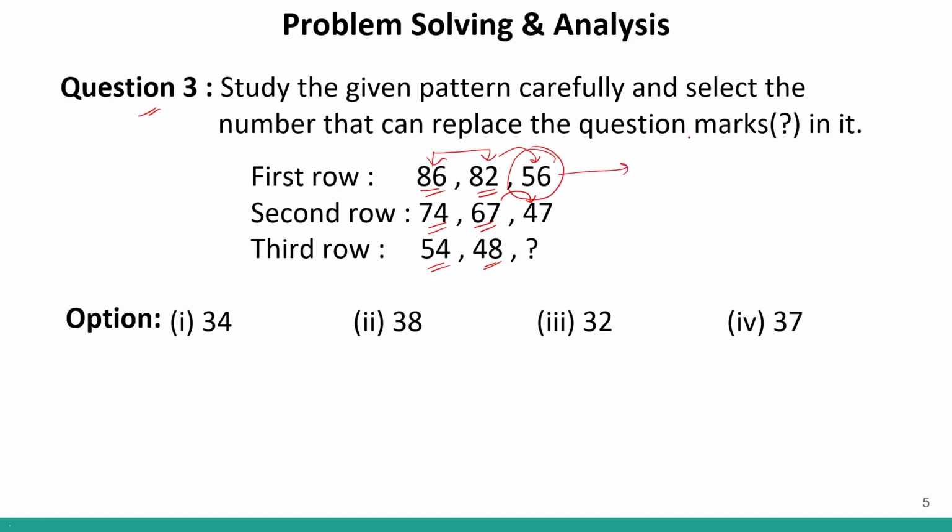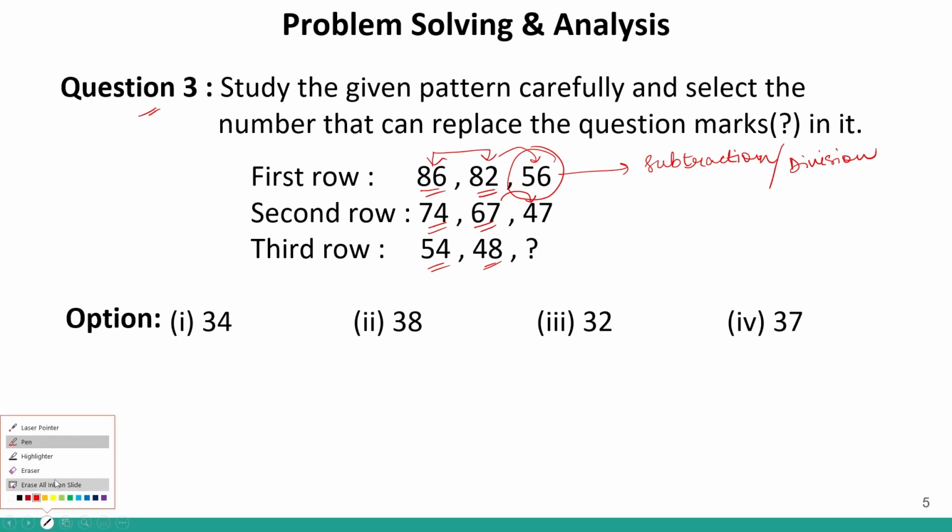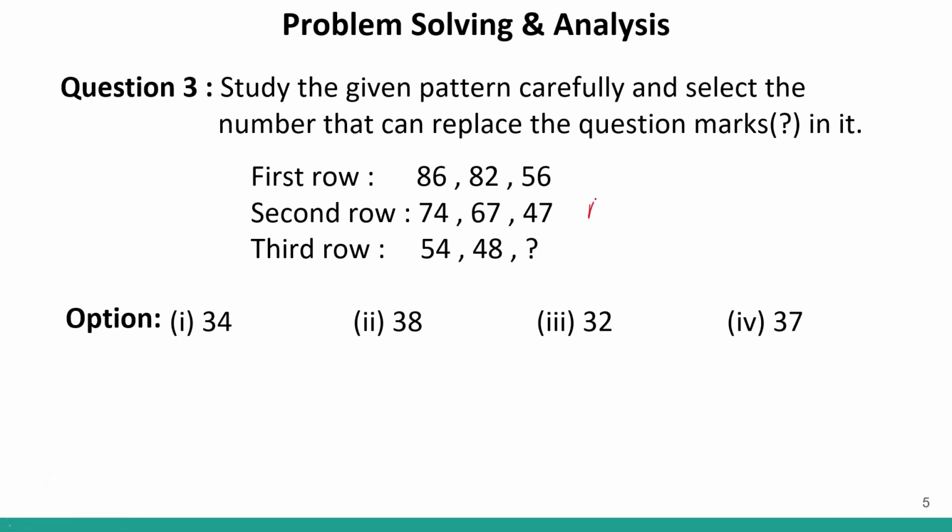So whenever we get a smaller number than these initial numbers, either we are subtracting or we are dividing. Either of the two possibilities. So let us check for the first row, row 1.